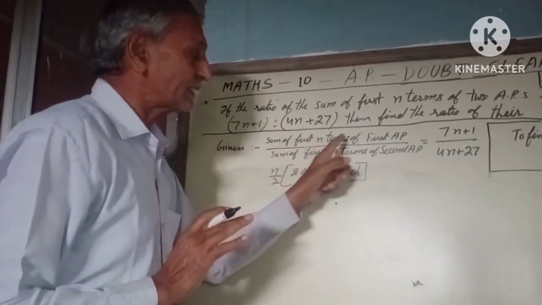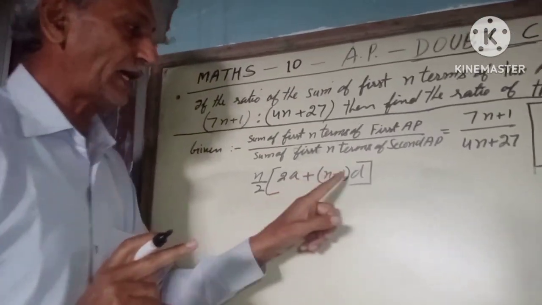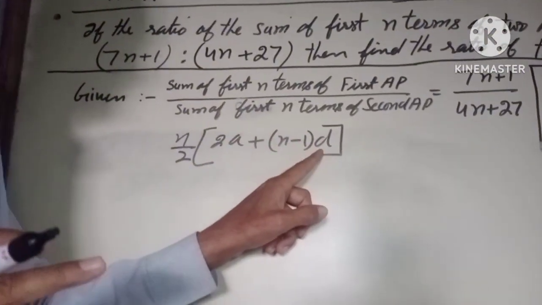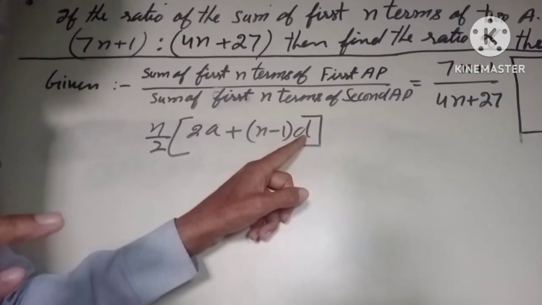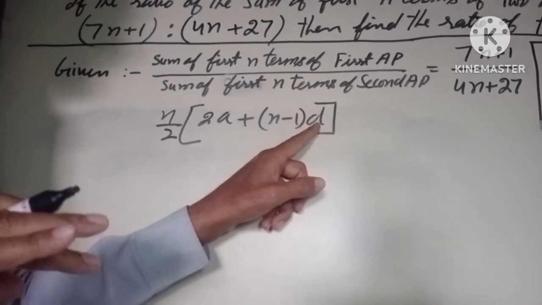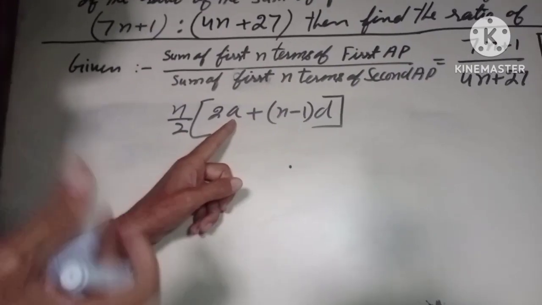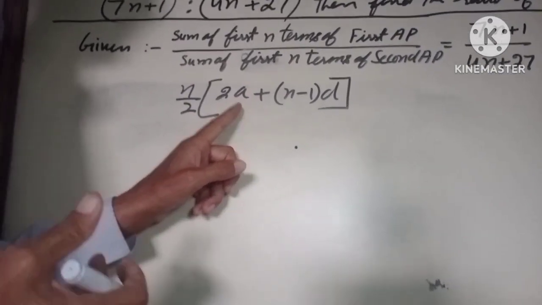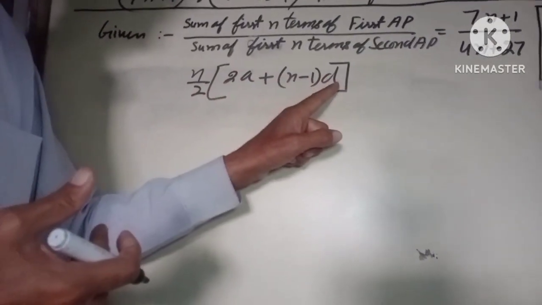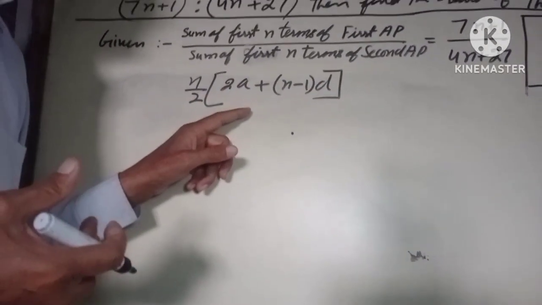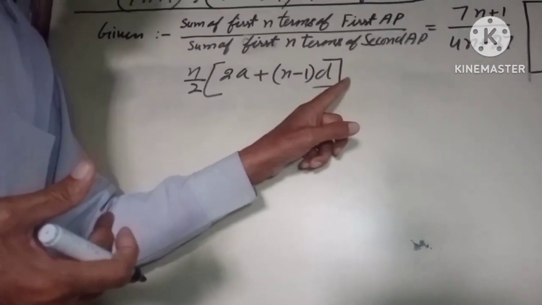If for the first AP we are taking small a as the first term and small d, then we cannot take small a and small d for the second AP. Either we will have to take something different. Say we can take capital A and capital D, or we can take A1, D1, or A2 and D2 as you wish.